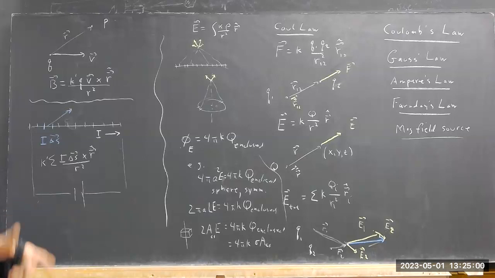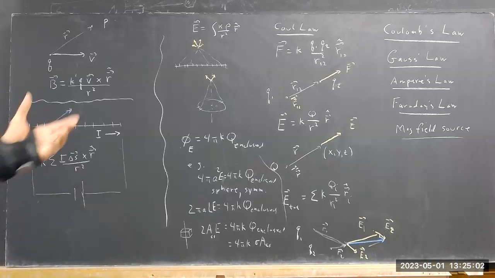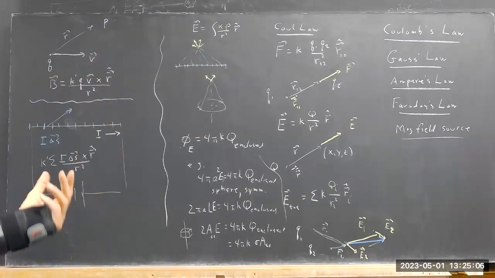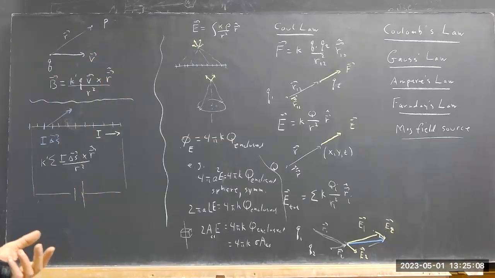And if you think in terms of mu naught, just remember K prime is mu naught over 4 pi. Mu naught over 4 pi. Okay.